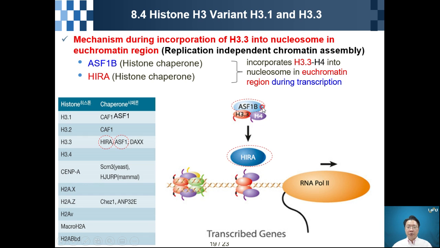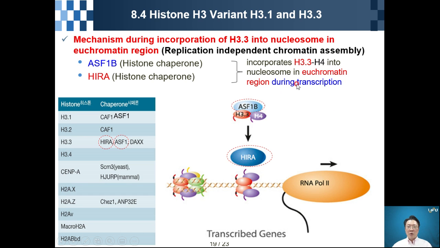So first of all, ASF1B binds to the H3.3 and H4 dimer, and after that, HIRA also helps the incorporation of the H3.3 and H4 dimer into the nucleosome, especially in the euchromatin region, so during transcription.